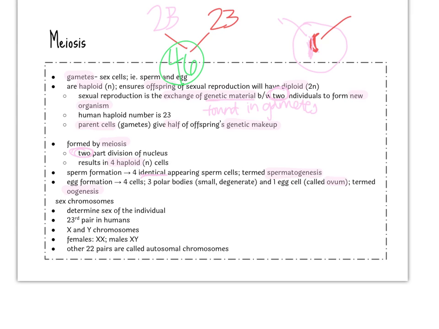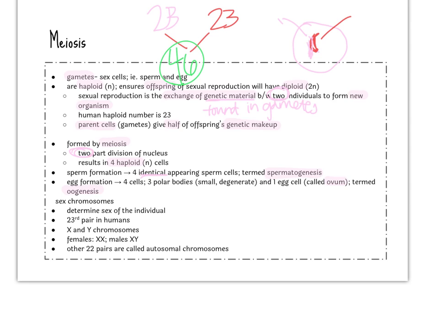And then, because you have these sex cells, we have our sex chromosomes. So the sex chromosomes basically just determine the sex of the individual. And like I said, we'll get more into this when we talk about genetics.